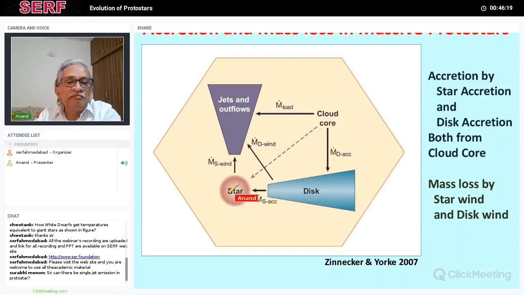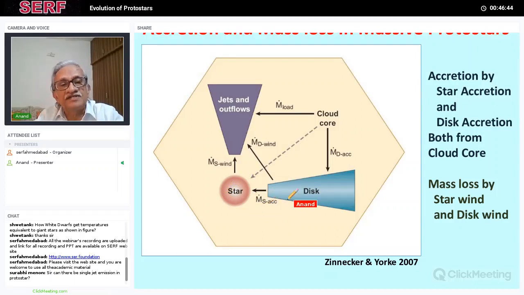So it is not matter that is actually falling onto the star, but matter is lost from the disk. That is the accretion rate at which the matter is given out from the disk to the star, because all the matter cannot or may not fall on the star and contribute to its final mass.